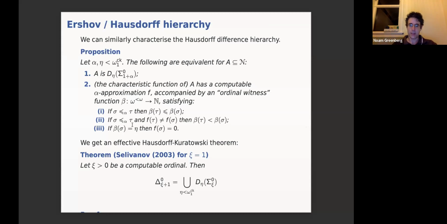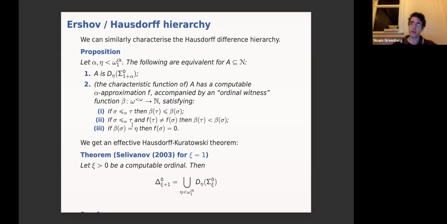And if tau extends sigma for the purposes of alpha approximation, and tau's guess about the value of the function being approximated is different from sigma's version, f of tau is not f of sigma, then the ordinal has to go strictly down.